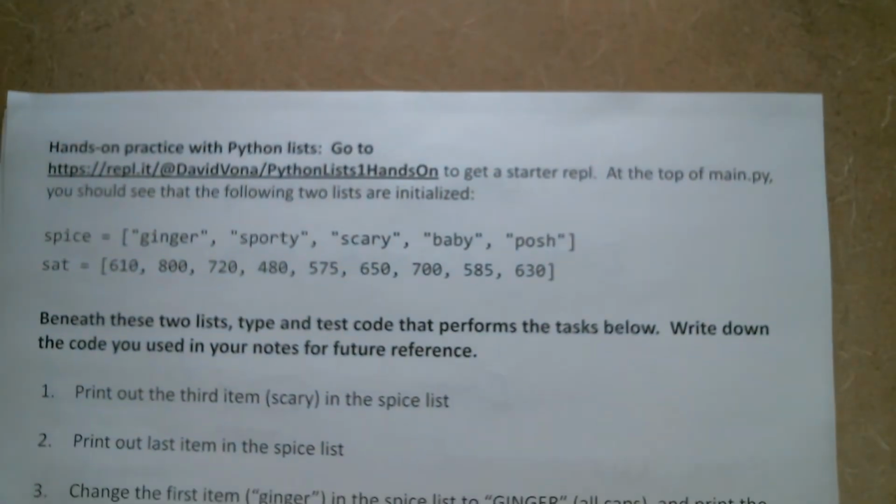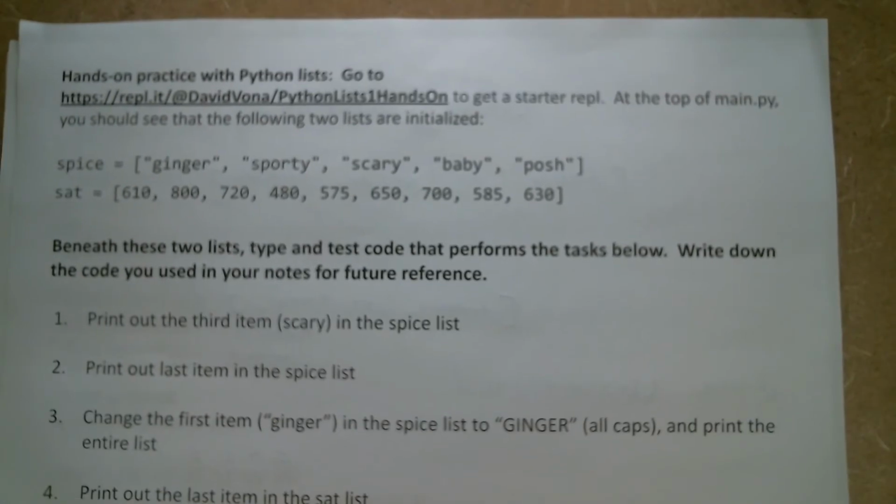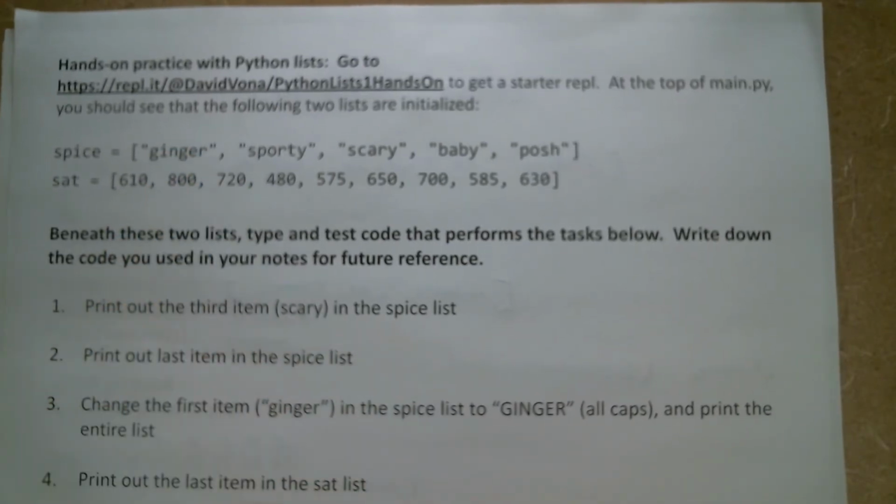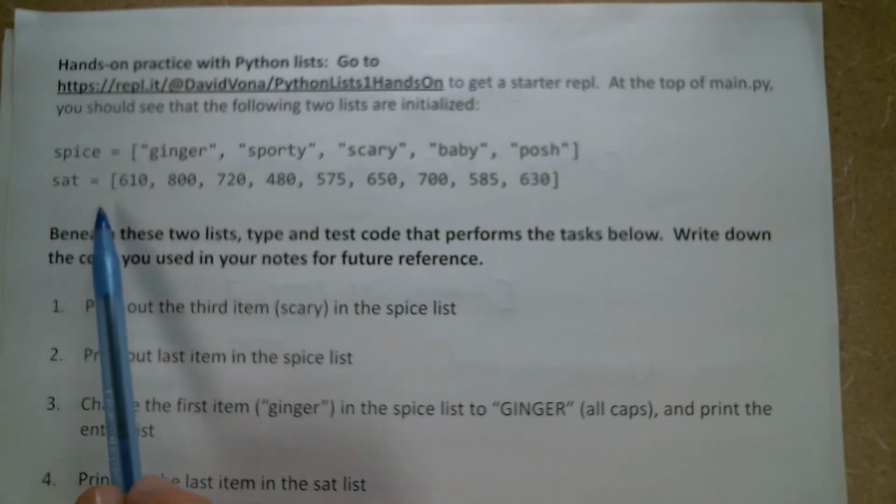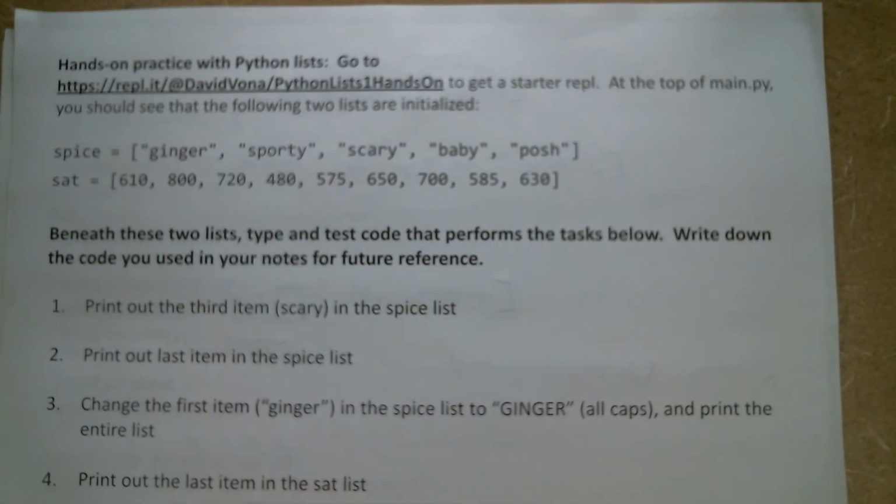All right, so some hands-on practice. If you go to the Google Classroom assignment with this, there will be a link to this right here. It's also in the presentation. Basically, the link brings up these 2 lists that have been created.